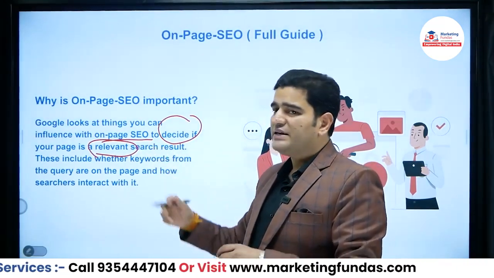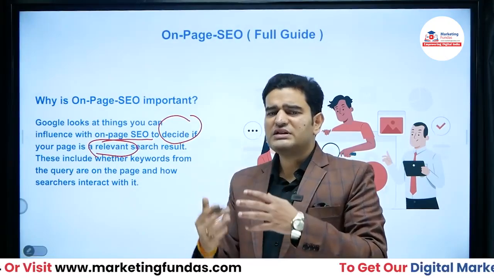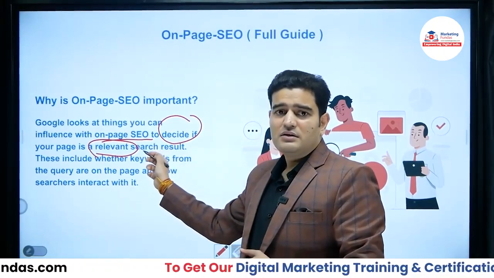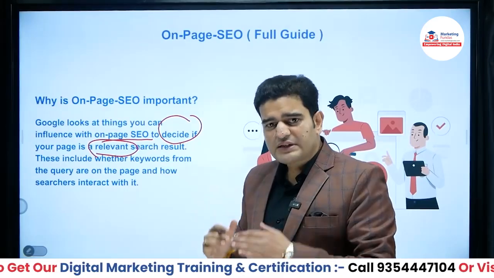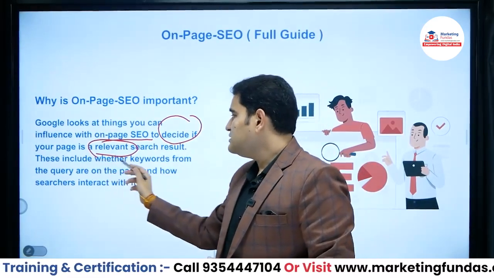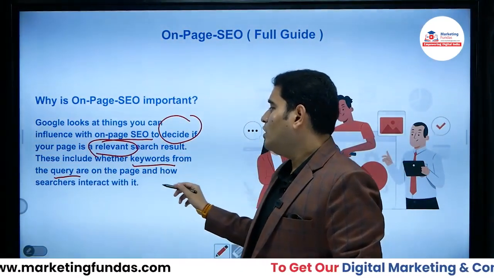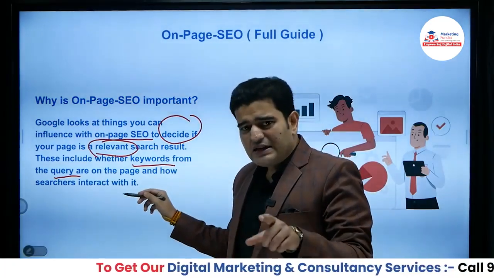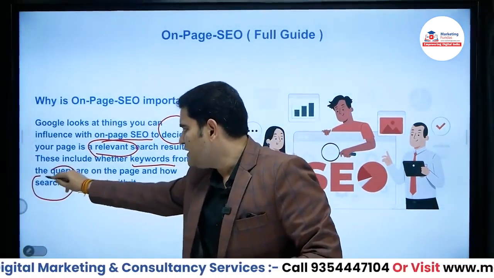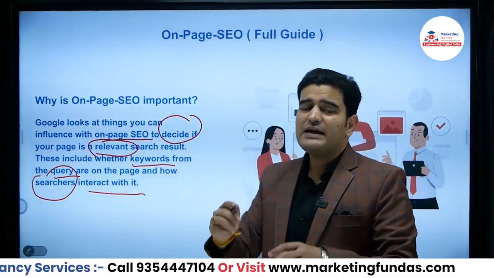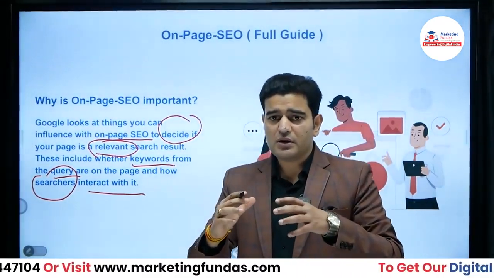Is there any related keyword, URL or any related content on the page? Google observes all of these things. Then, when the searcher is interacting with your site, did the user find what they wanted on your page?